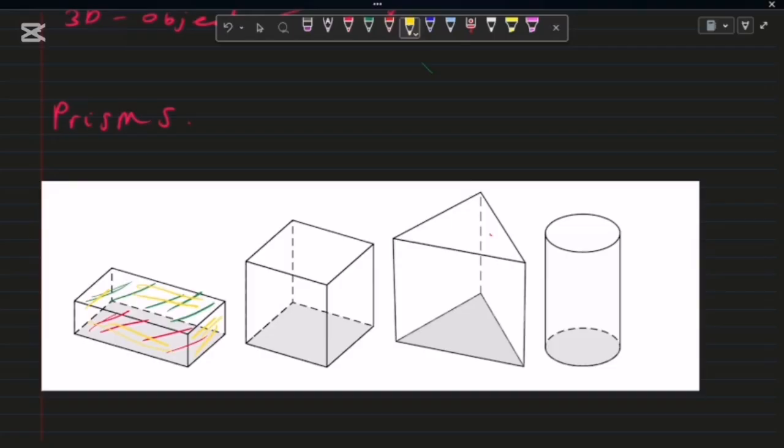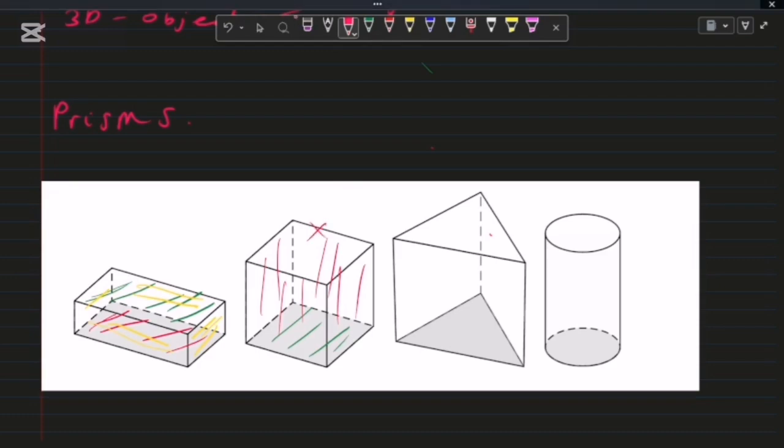So if that's the case, then we can classify that object as a prism. As we can see over here, this is the base, and all the faces, that face, this one, that one, and even that one, are all perpendicular, or at right angles, to the base. Because of that, we can say that this one is a prism as well. The same thing can be said about this one and this one as well.